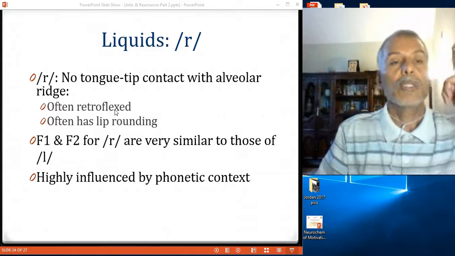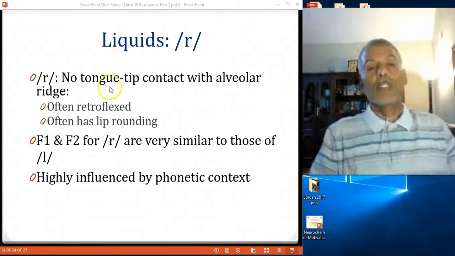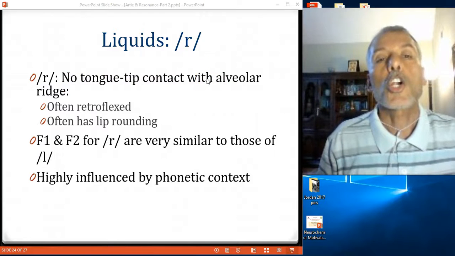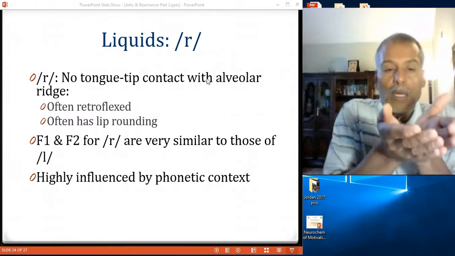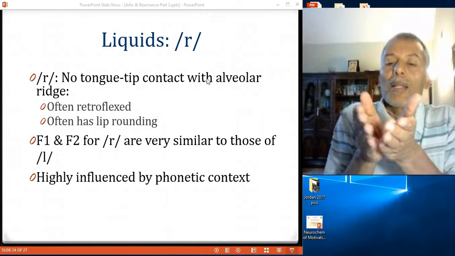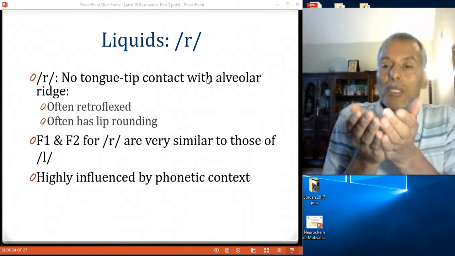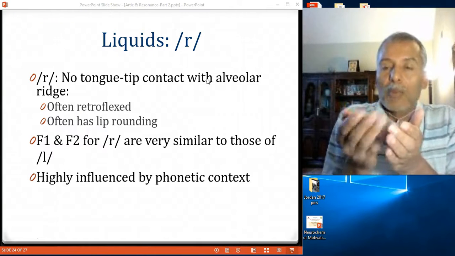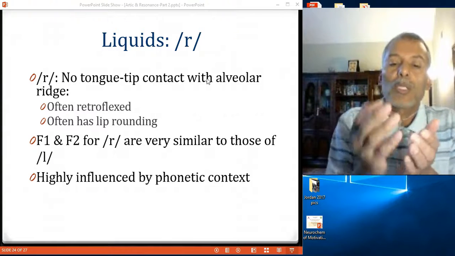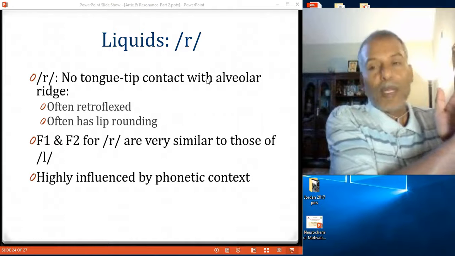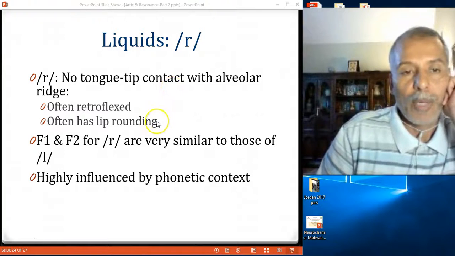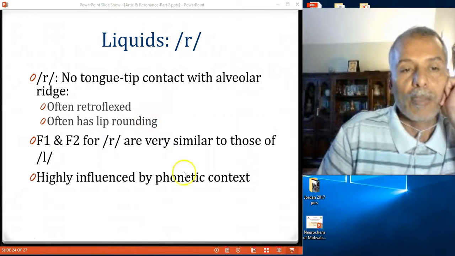The R is very similar. There's no tongue tip contact with the alveolar ridge. What happens is that the sides of the tongue lift up and contact the hard palate, and the tongue tip is close, across from the palate between the alveolar ridge and palate, but not contacting. The air goes out with the tongue being curved and made like a spoon, and the air hits and then goes through between the tongue tip and the beginning of the hard palate.